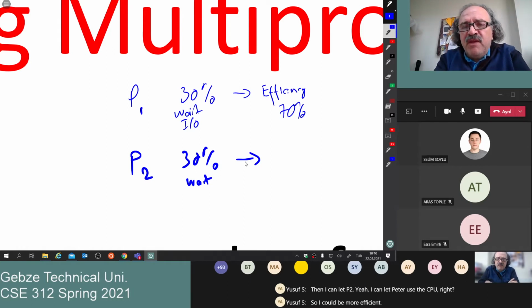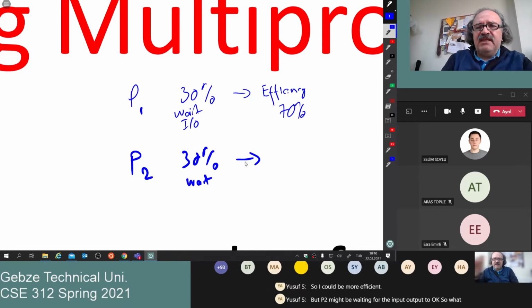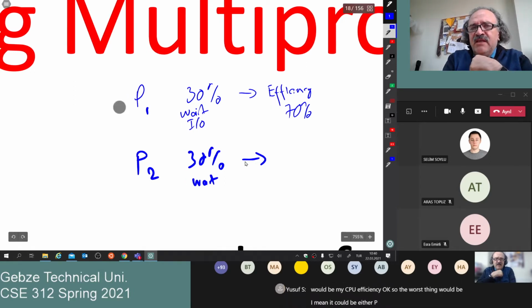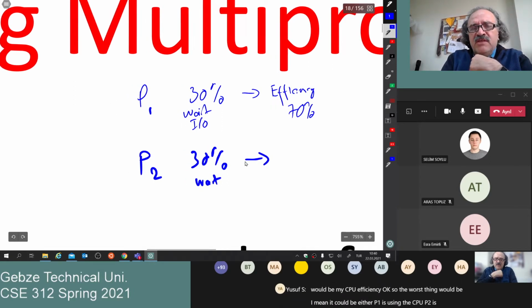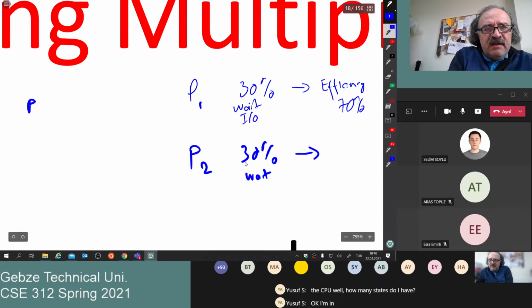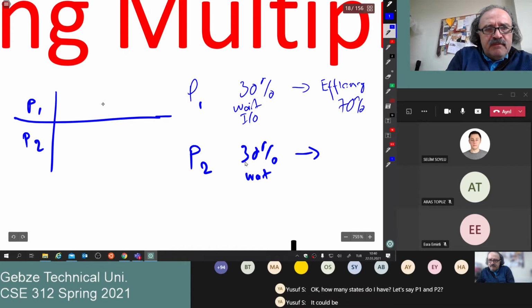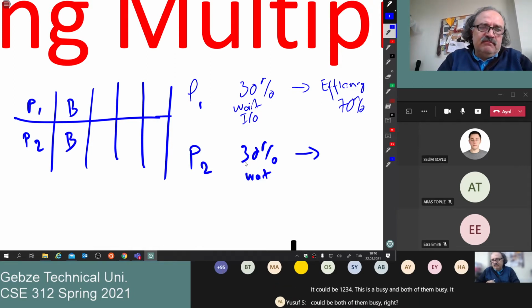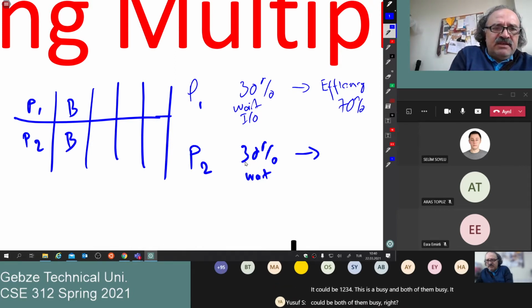But P2 might be waiting for the input output too. So what would be my CPU efficiency? Either P1 is using the CPU or P2 is using the CPU. How many states do I have with P1 and P2? It could be 1, 2, 3, 4. It could be both of them busy, right? Let's do this.